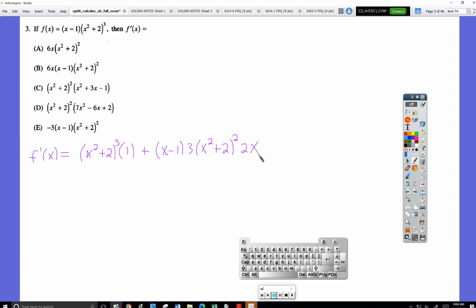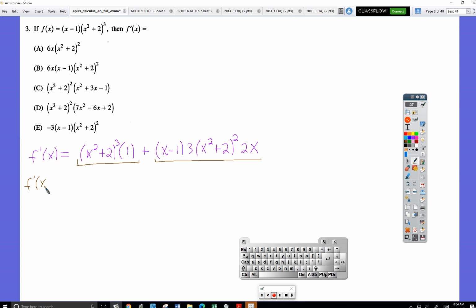My answer consists of two large terms right here, two large things that are adding. All of their answers are factors. It means I need to convert my terms into factors, so I have to factor something out.